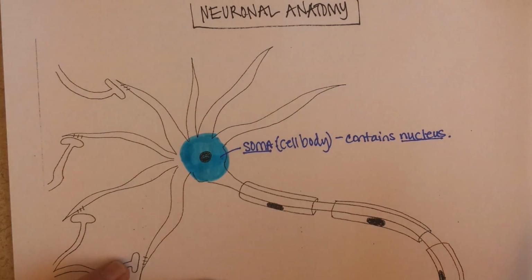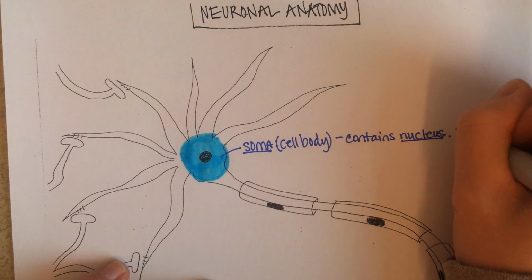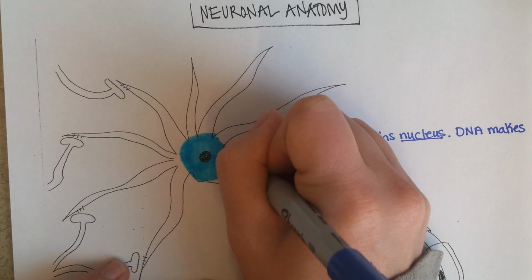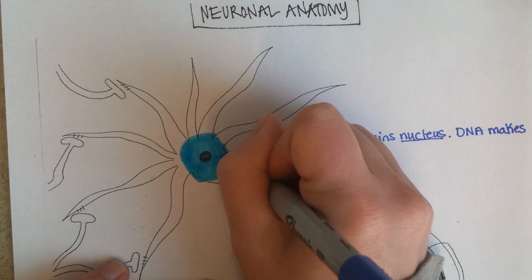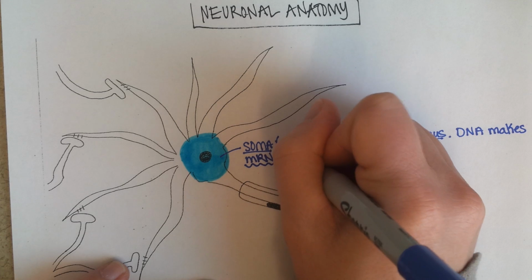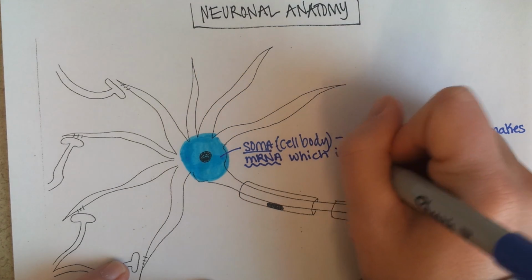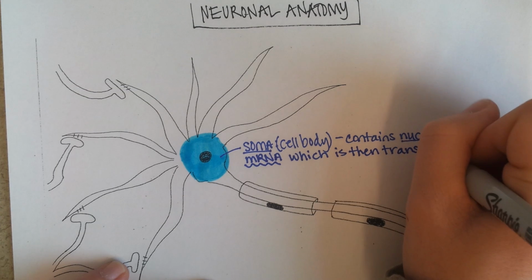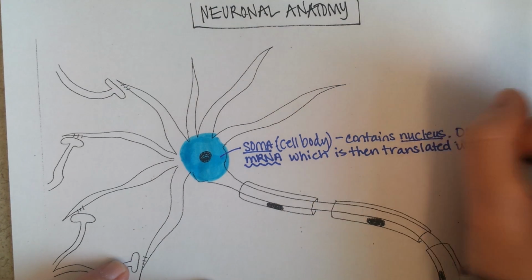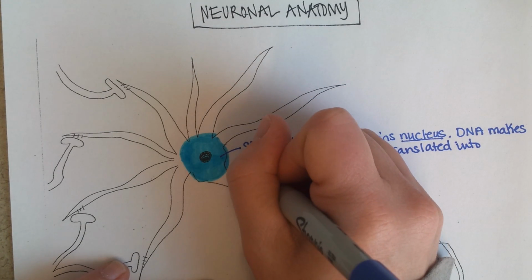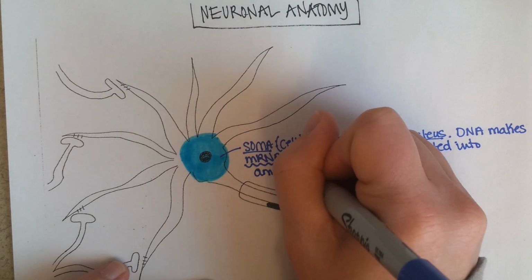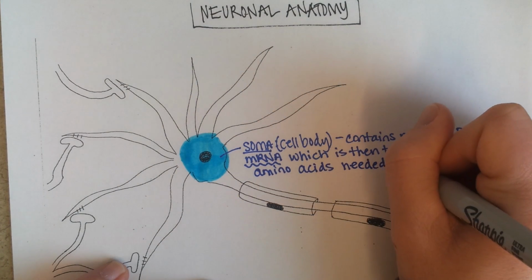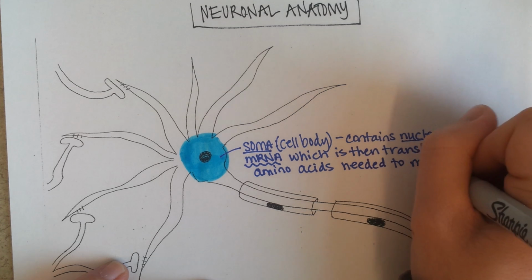And the DNA makes mRNA, which is then translated into the amino acids needed to make neurotransmitters.